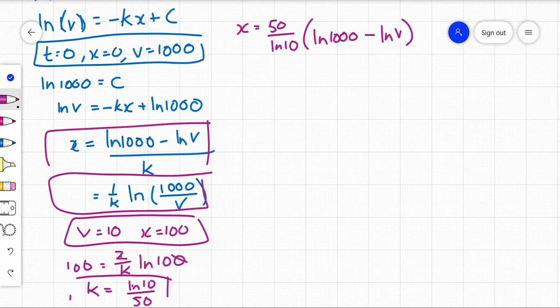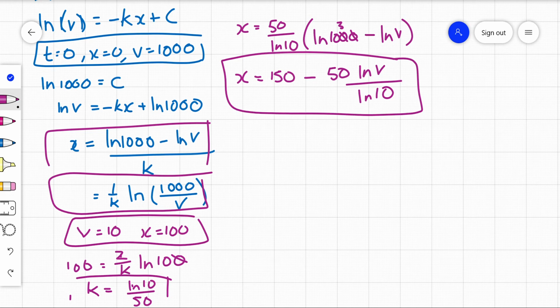Alright, so that is the same as, remember this also, 1,000 is the same as 10 cubed. So if I was doing one term at a time, I could actually put that 3 at the front. So 3 lots of 50 is 150. And then you've got log 10 on log 10, so that cancels, so it's just 150 minus, and here I can't cancel anything, so it can just be log v and log 10 there. Alright, so there's our equation that we're going to use.